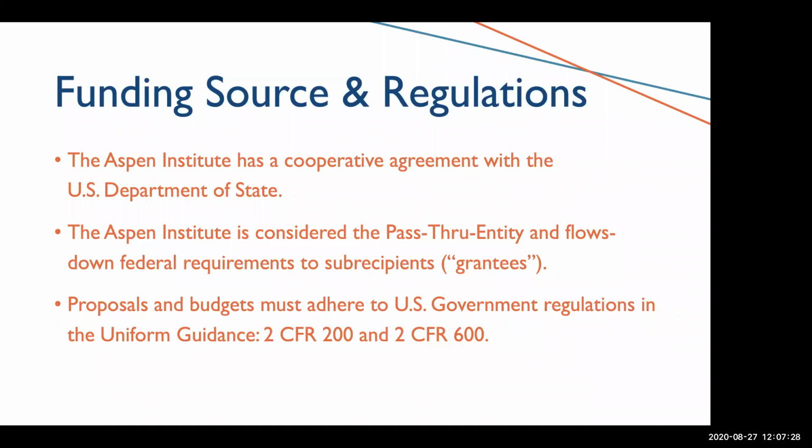It's specifically the federal regulations that govern our grants are in the U.S. government's Uniform Guidance 2 CFR 200 and 2 CFR 600. You might want to familiarize yourself with these regulations, which you can find online if you have never seen them before. But Christine's going to talk a little bit more about the specifics of that uniform guidance in just a minute.